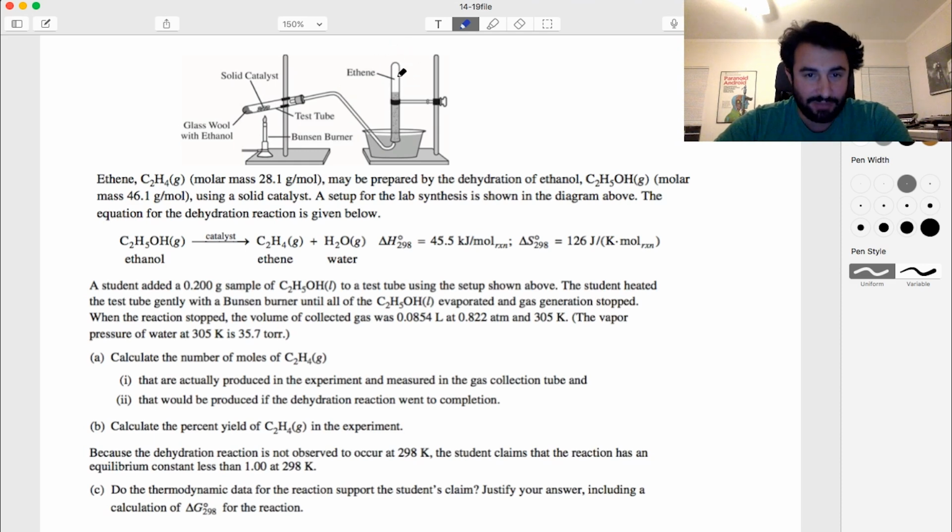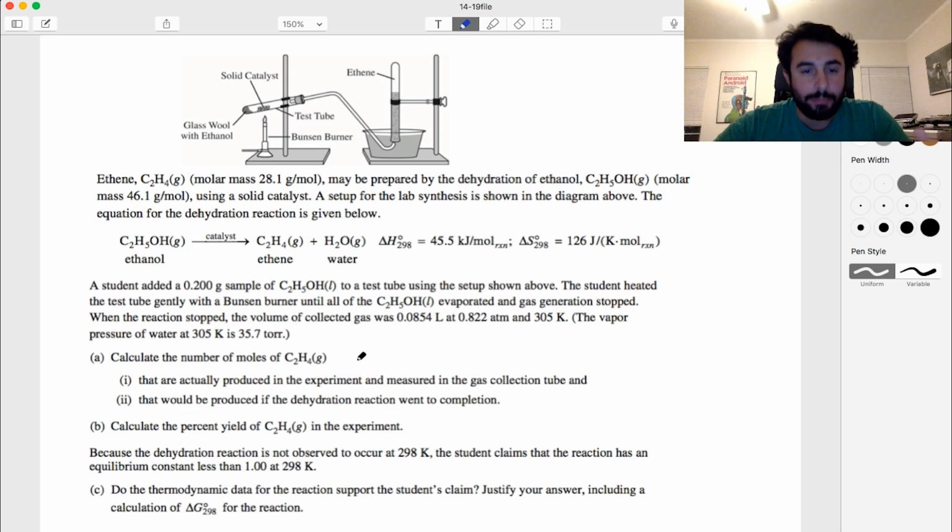We're going to get some amount of ethene. It's not going to go 100% to completion because some of the ethanol is going to evaporate without reacting. Right, so some of the ethanol just goes into the gas phase, comes down here, and we'll talk more about that later. But so we don't get every single molecule reacting perfectly, but we have some data that we can use for this first one.